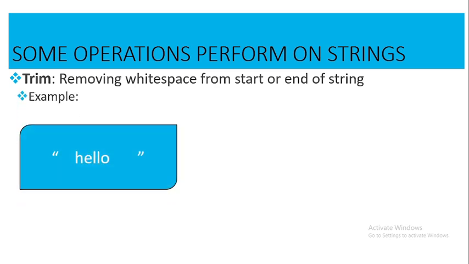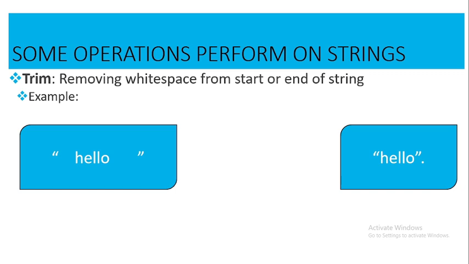When we look at this particular string, we can see that it has leading white spaces, and then trailing white spaces, that is, spaces after the word. So we have spaces before and then spaces after the word, and we would want to remove these unnecessary spaces from the string in order to get this hello without any space.